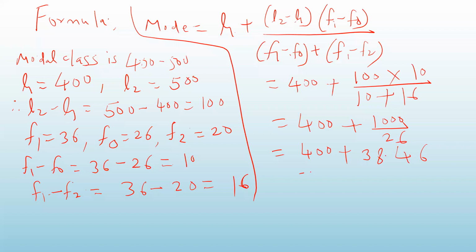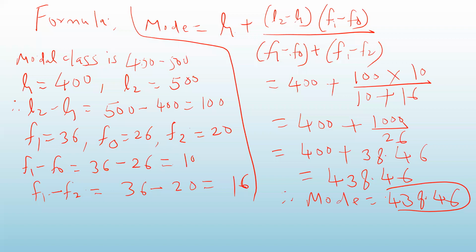So it is 438.46. So the answer is, therefore, what is the mode? Mode is 438.46. Okay. And you can see that your model class was 400 to 500. So mode का जो value आएगा, ये इन दोनों के बीच में होना चाहिए, and it is in between.